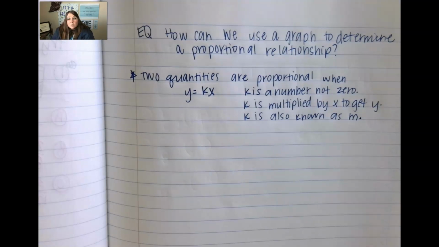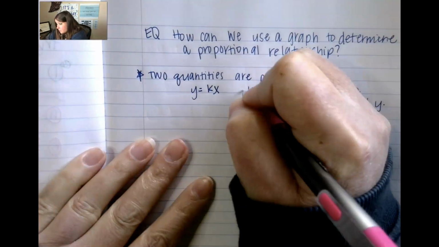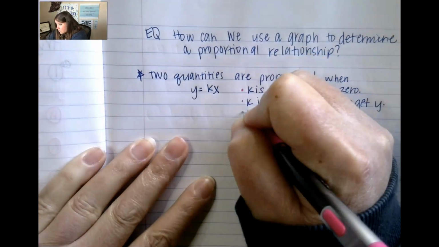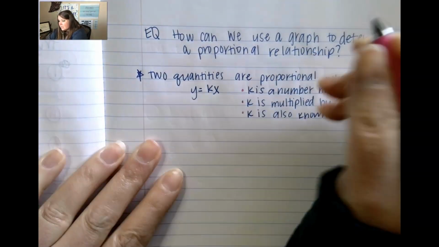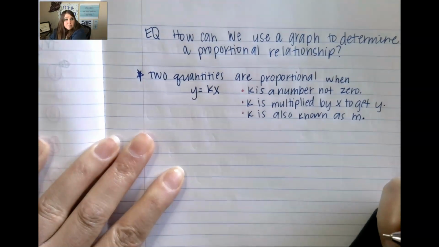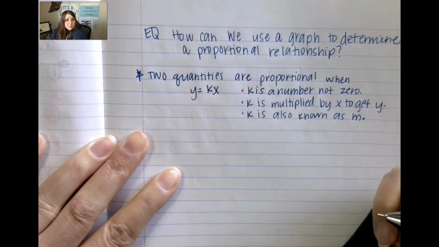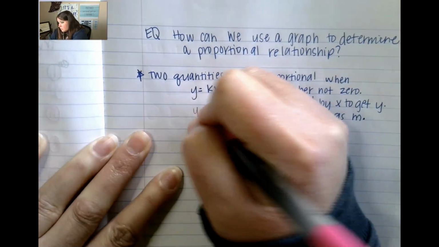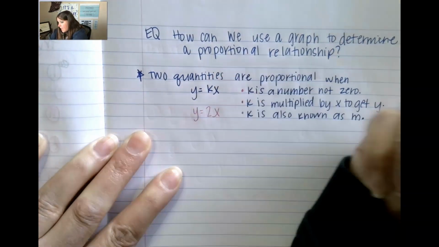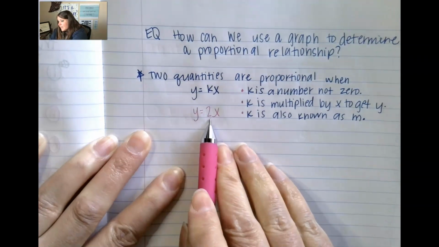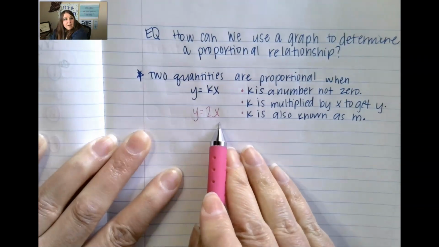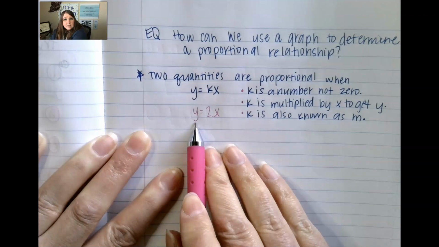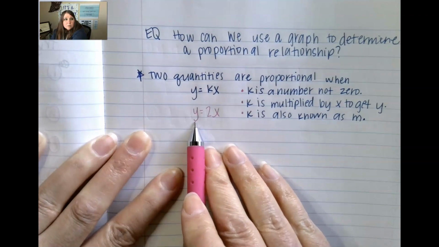It is a placeholder for things that we are multiplying by. So remember, variables are placeholders. We use k as a constant of proportionality. So an example would be y equals 2x. This means that 2 times the x value is going to give me the y value.